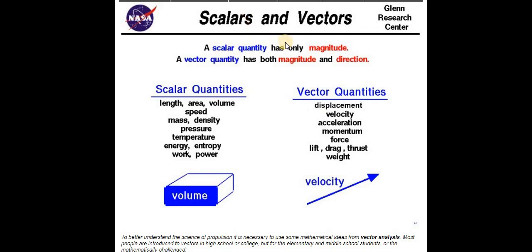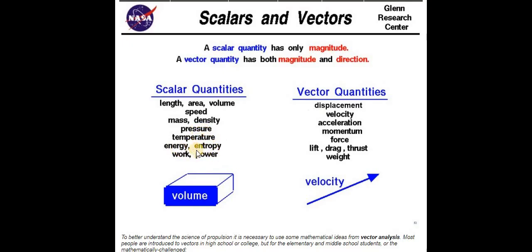And here are a list of vector quantities and scalar quantities. We learned earlier a scalar quantity has only magnitude. A vector quantity has both magnitude and direction. Scalar quantities, examples: length, area, volume, speed, mass, density, and distance. Okay, distance is also a scalar. Pressure, temperature, energy, entropy.